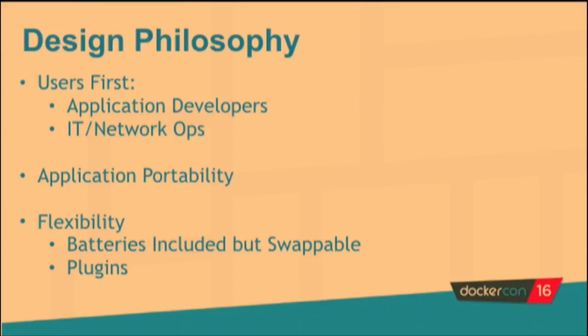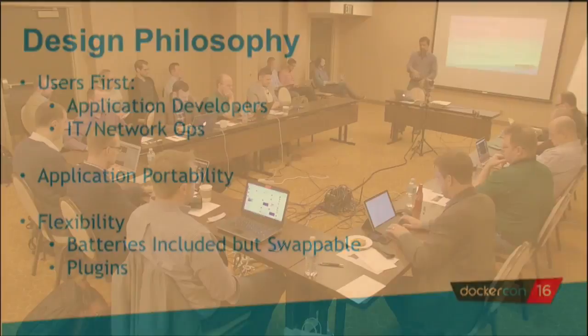Push this compose file to the operator, and this is where compose and DAB come in. DAB is an operator-specific format where the operator can define different drivers they want to run in their production network, and things just work. That's the idea. And application portability is key. In order to get proper application portability, the network should be portable, and that's where the CNM comes in, which I will cover in the next slide.